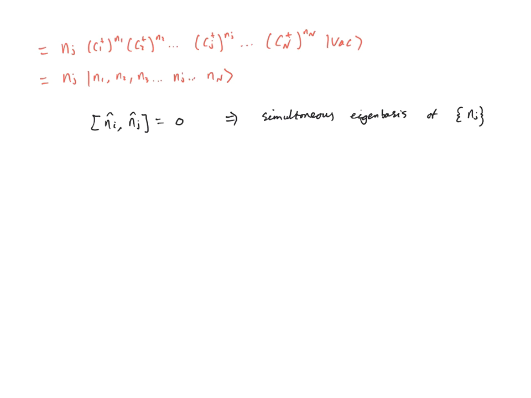So what we prove from this is that a basis state labeled by the occupation numbers are eigenstates of the occupation operators, the number operators.